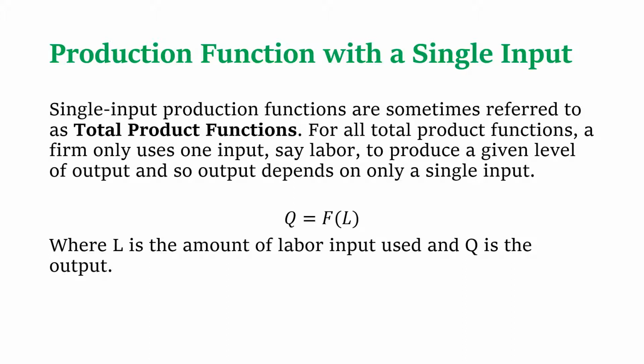Factors like capital are not included in this equation. We assume that those factors of production are held constant. So the only factor that varies in this particular case is labor.